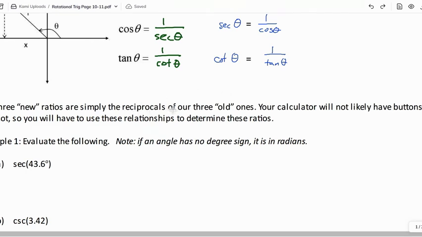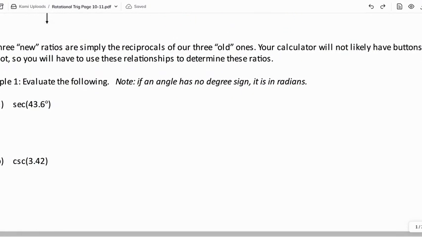So we do have to figure out a way to use the primary trig ratios and find the reciprocals. Okay. So let's practice that. Example 1, evaluate the following. Note, if an angle has no degree sign, it means it's in radians. So which example, A or B, is in radians? Good. All right, so far we don't have to change it.